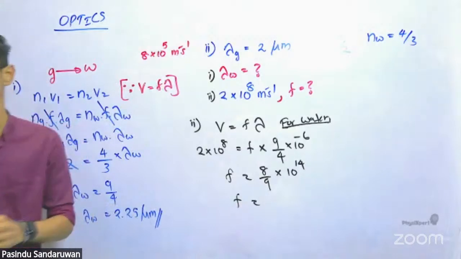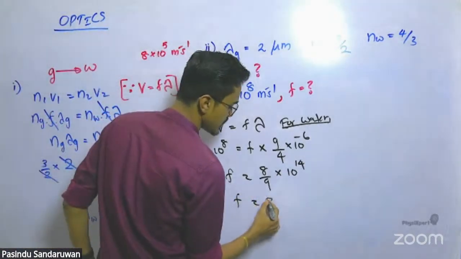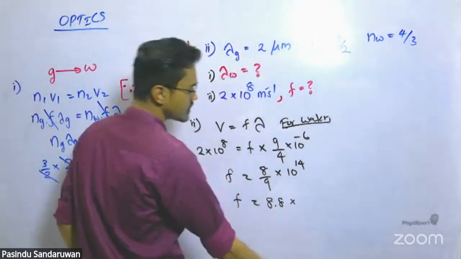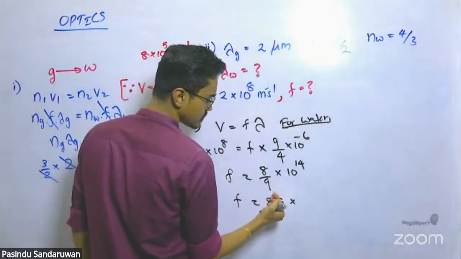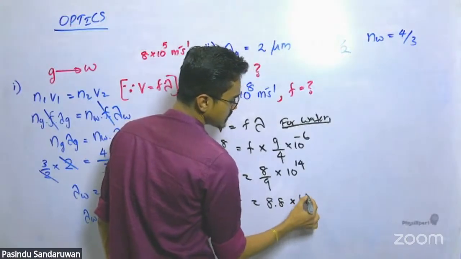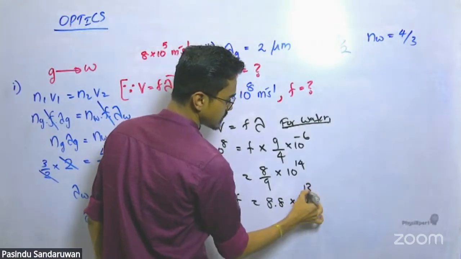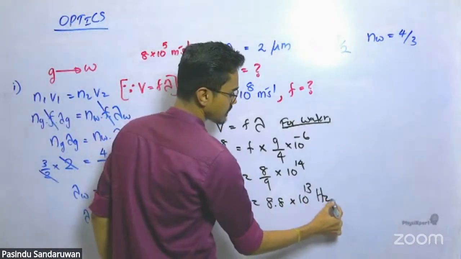The value of 8 over 9 is 0.88, so that is 8.8 times 10 to the power 13 hertz. Frequency is in hertz.